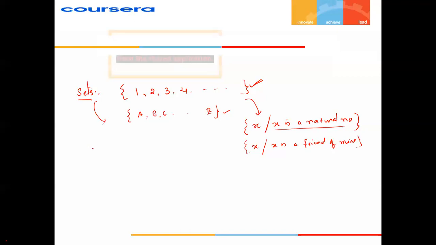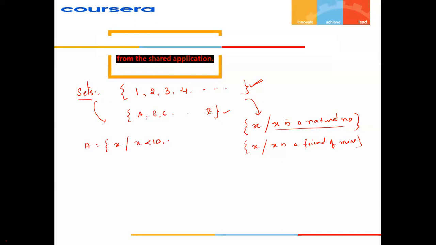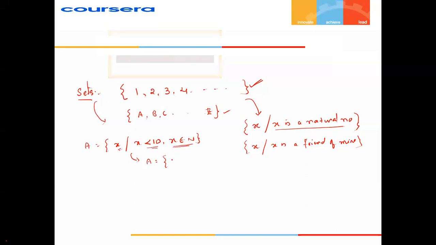Suppose a set is defined like this: X such that X is less than 10, X belongs to N, where N means natural number. If you are asked to list out the elements, we understand that X is a natural number which is less than 10. That means we list out 1, 2, 3, 4, and so on.